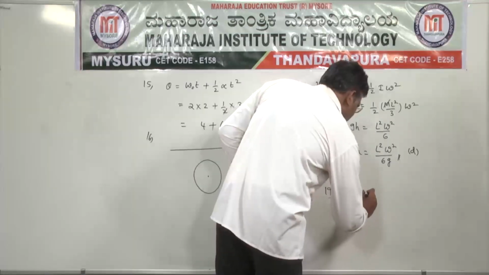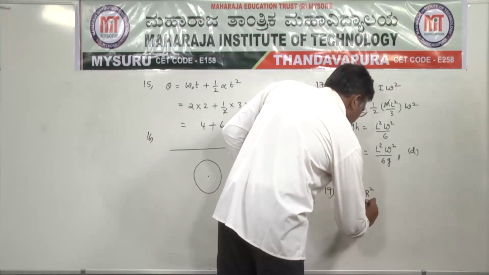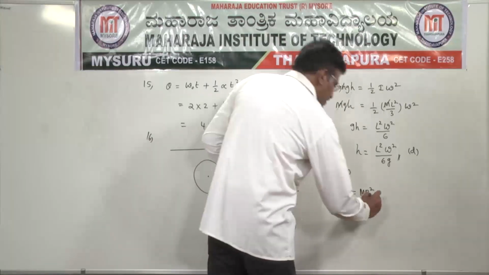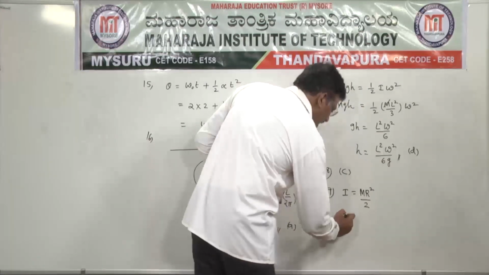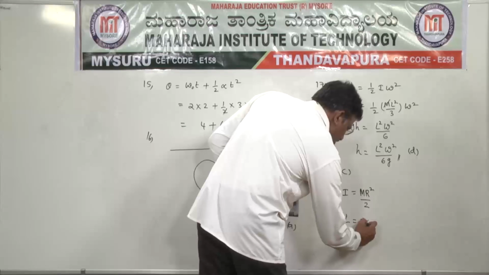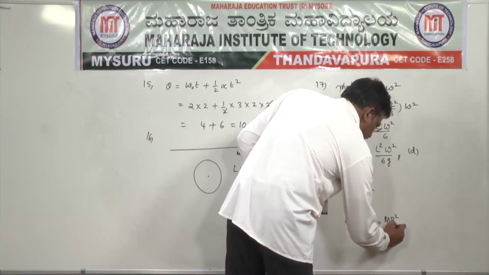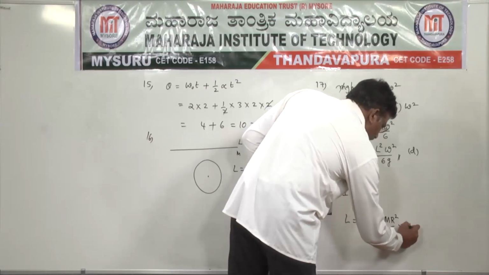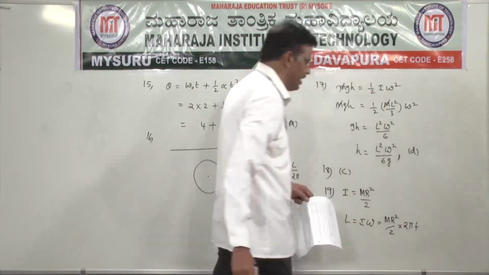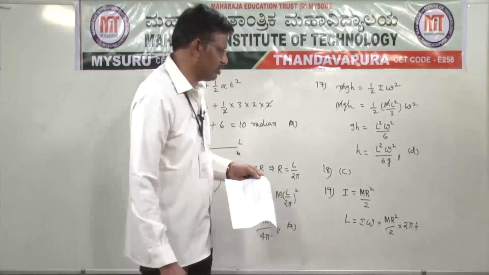For a circular disk, I is equal to mr square by 2. First we should find this I, and angular momentum L is equal to I omega. So that is equal to mr square by 2 into 2 pi f. Omega is 2 pi f. F is given as 20.